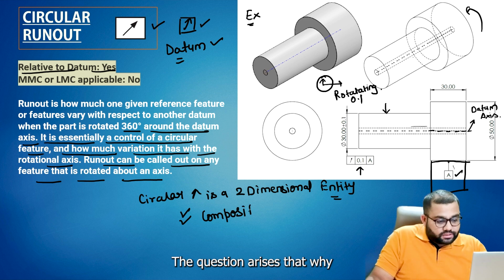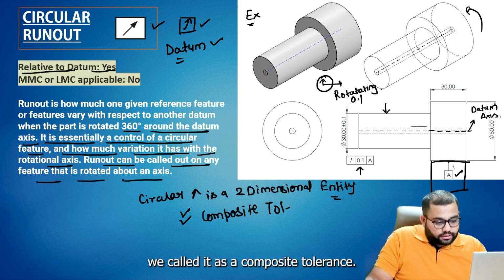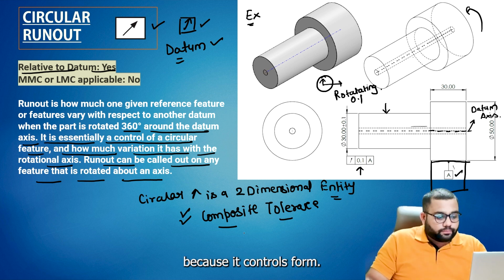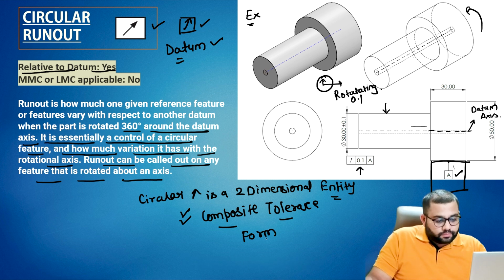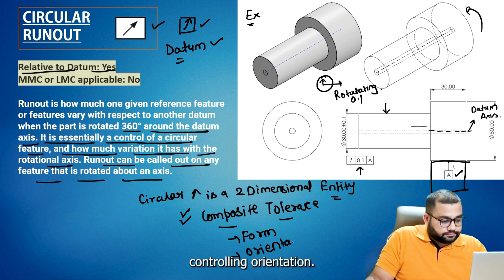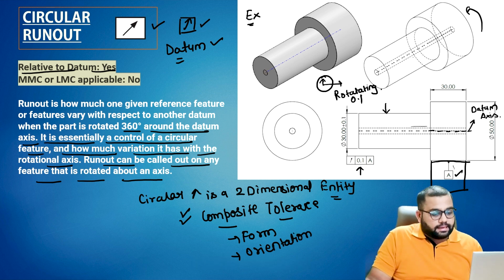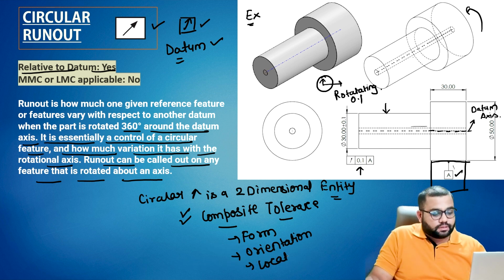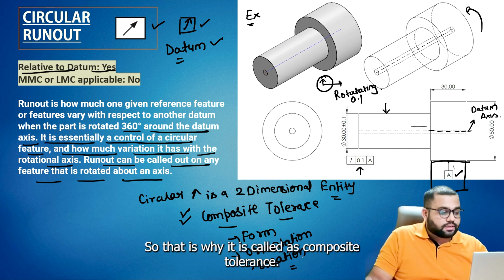The question arises why we call it a composite tolerance. Because it controls form, it also controls orientation, and it also controls location. That's why it is called a composite tolerance.